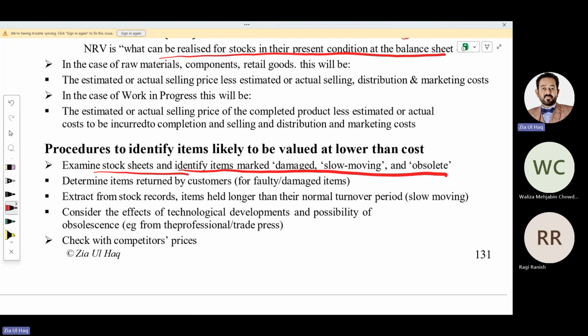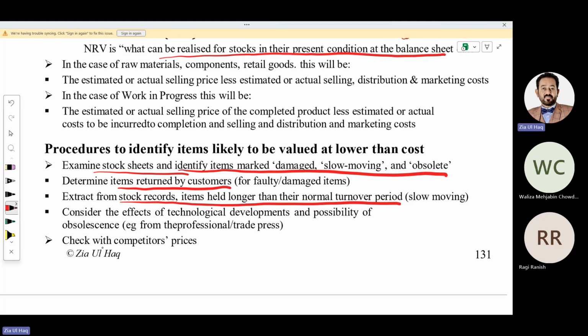We need to verify items returned by customers. Why are customers returning them? They could be damaged or faulty. We need to extract from stock records items held longer than the normal time period. Why are they held longer than normal? Because they are slow moving or obsolete.